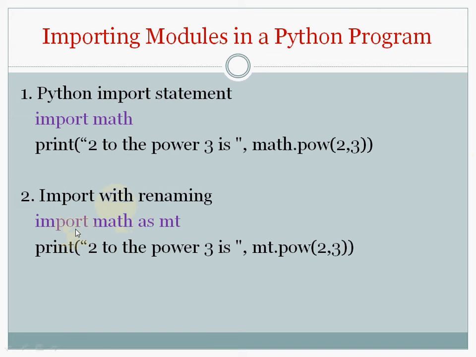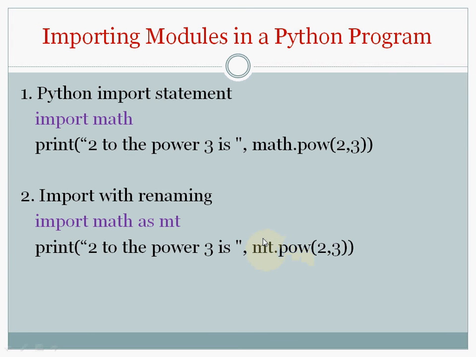Here I have written this statement, import math as m. Now the math module is renamed as m. Now you will access the functionality of the math module by using its reference, that is m. Here I'm accessing the pow function of the math module by using the name m.